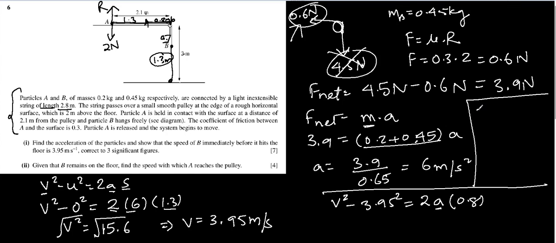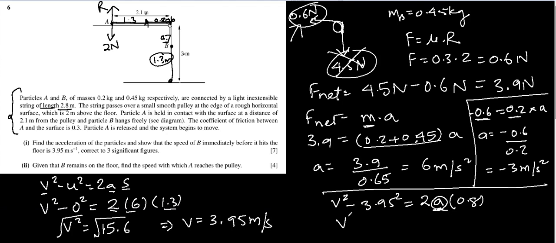So F net is 0.6 only, that is also negative, and equal to ma, m only, because B has reached the floor, so B is not part of the motion now, only A is the one, so 0.2 is the mass of A. So a becomes minus 0.6 divided by 0.2, which is minus 3 meters per second squared.